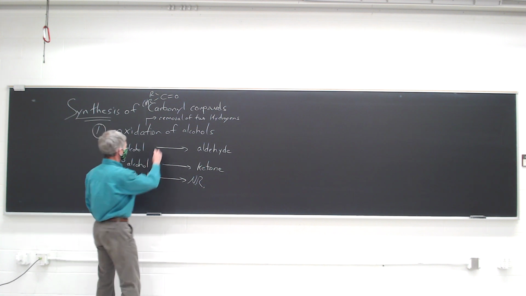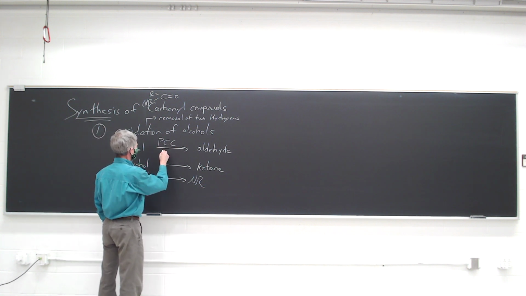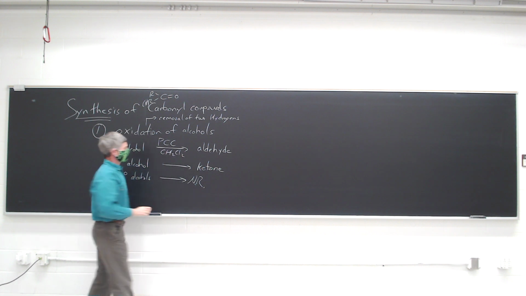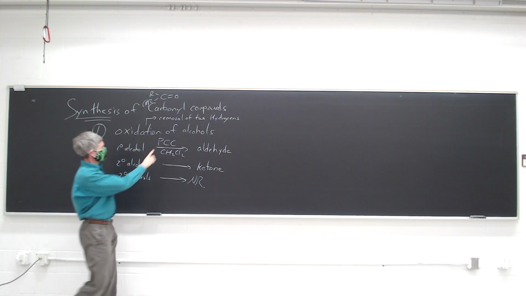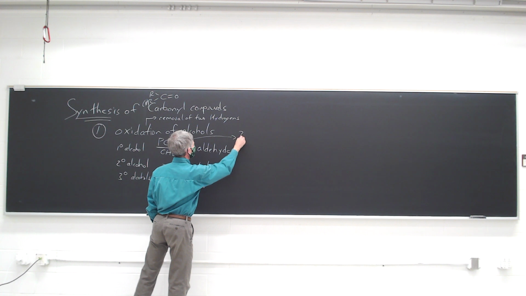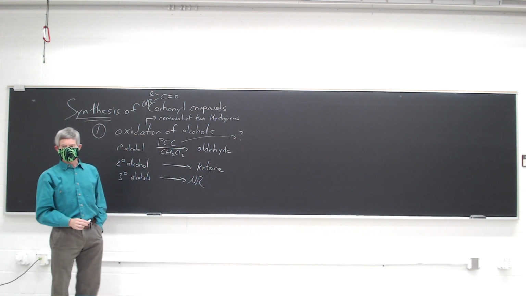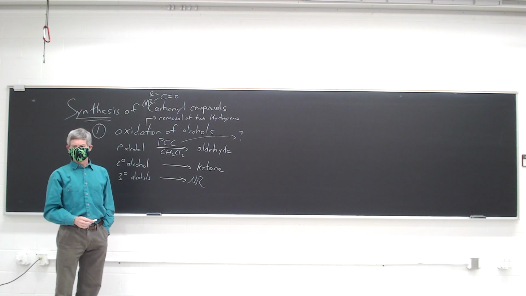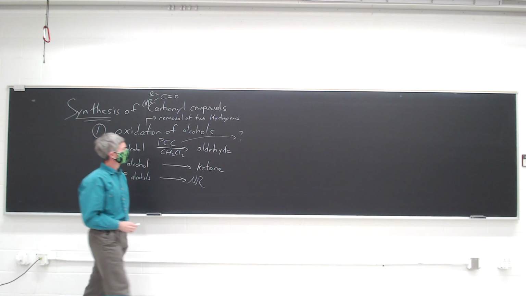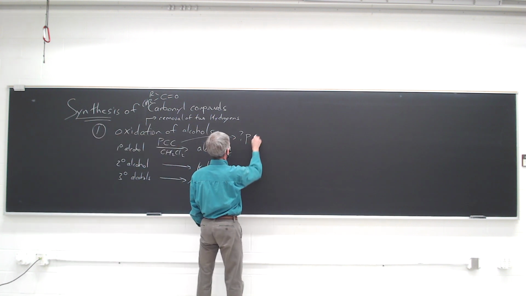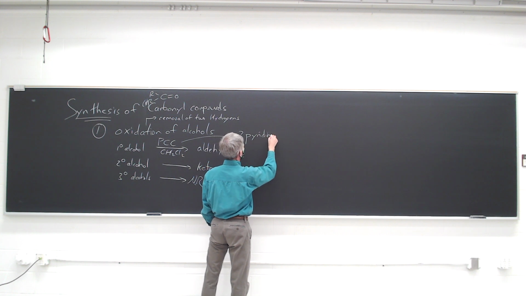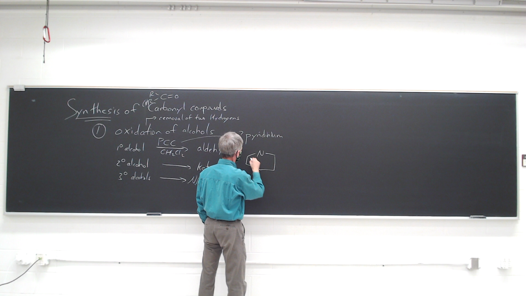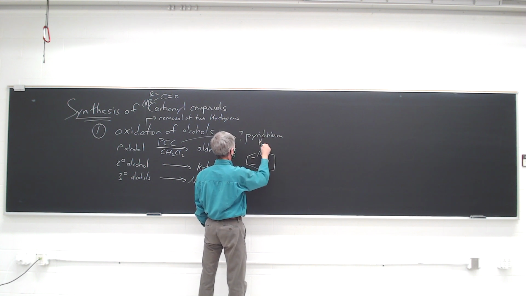PCC. Usually the solvent for PCC is dichloromethane. It's a good solvent, dissolves it. So what is PCC? What does it look like? Pyridinium chlorochromate. So it's pyridinium.